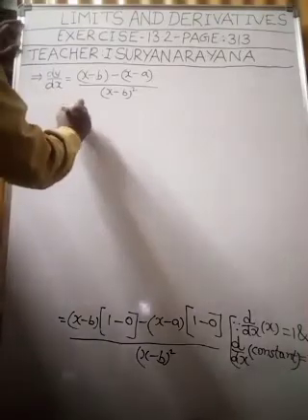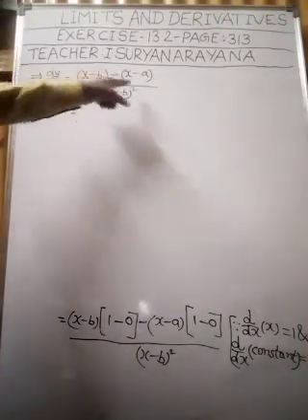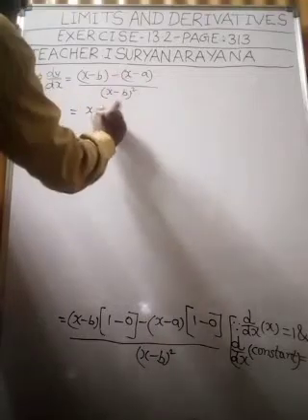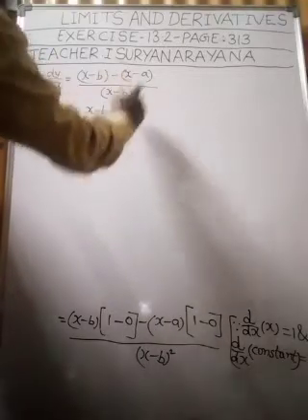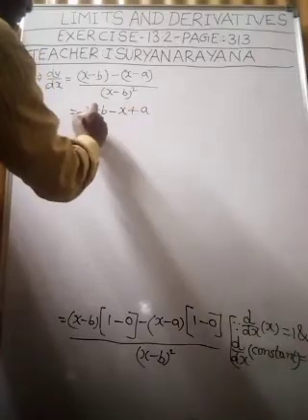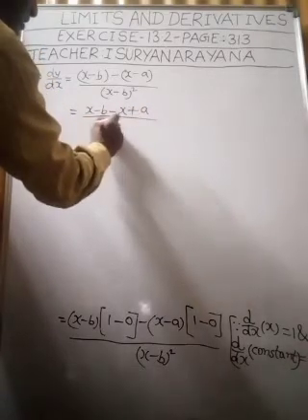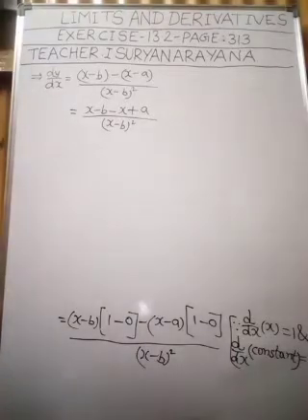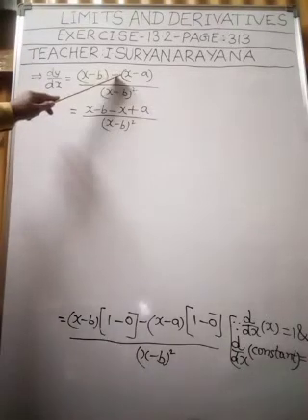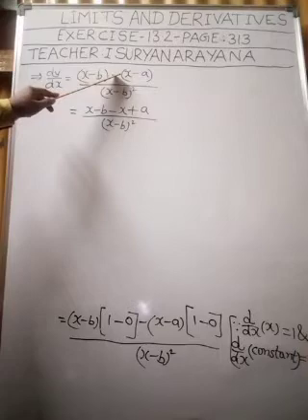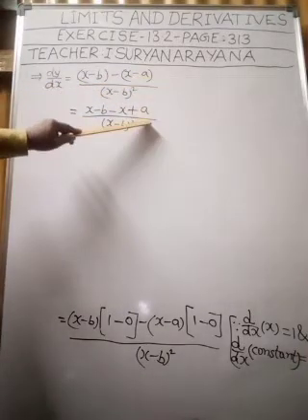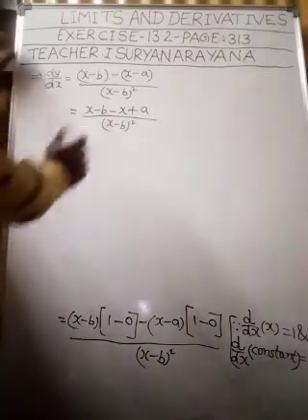Right. Again let us simplify the numerator part. x minus b minus x, distributive property, my children, by x minus b whole square. By using the distributive property, minus of x minus a is minus into x, minus into minus a, plus a. Okay, my children, understood this one? Right.